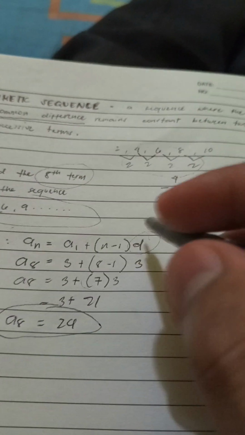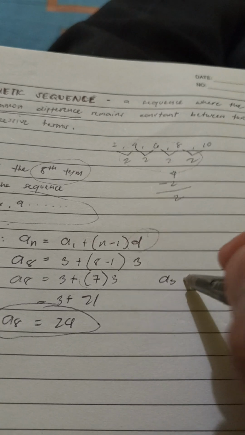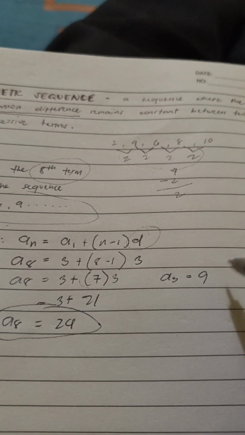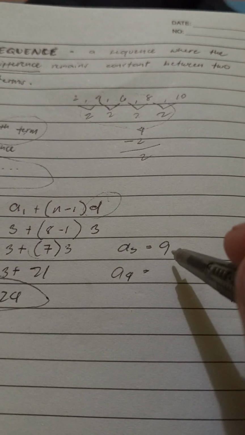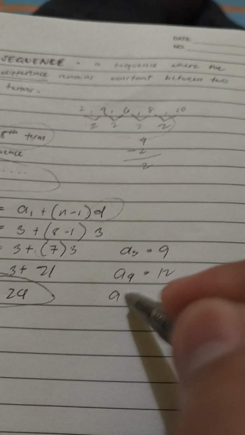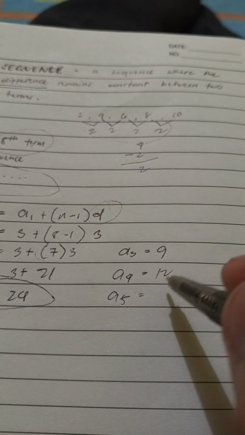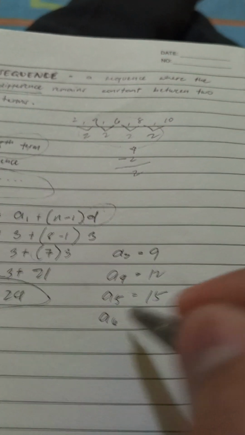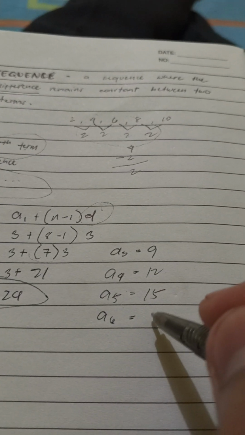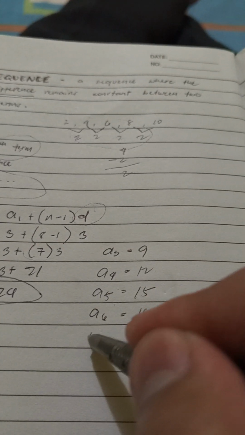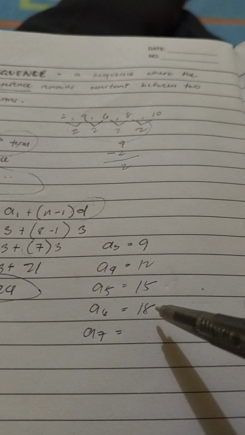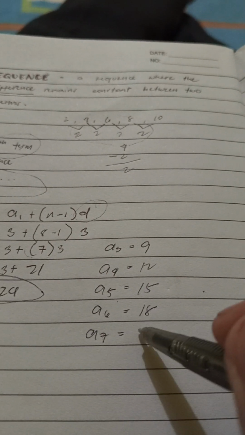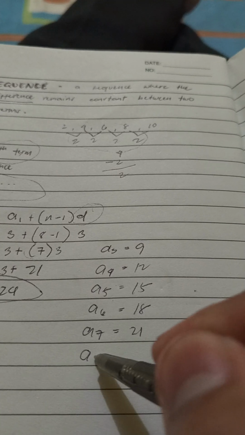Since we already have the third term, which is 9, 9 plus 3 gives the fourth term, 12. 12 plus 3 is 15. 15 plus 3 is 18, our seventh term. 18 plus 3 is 21.